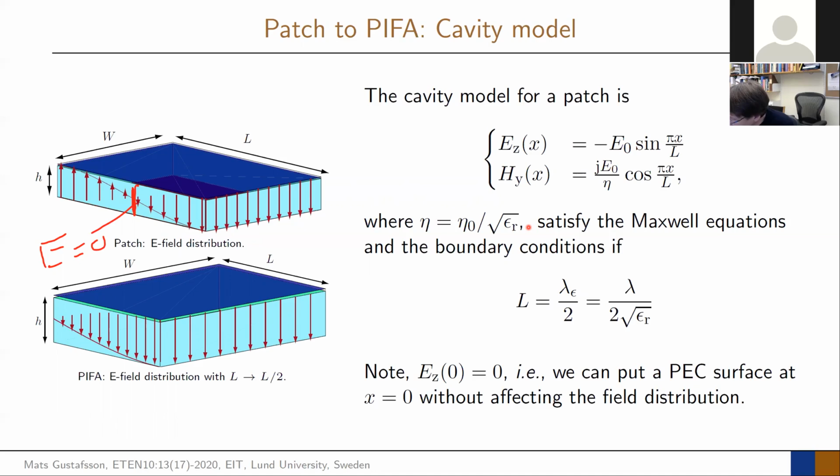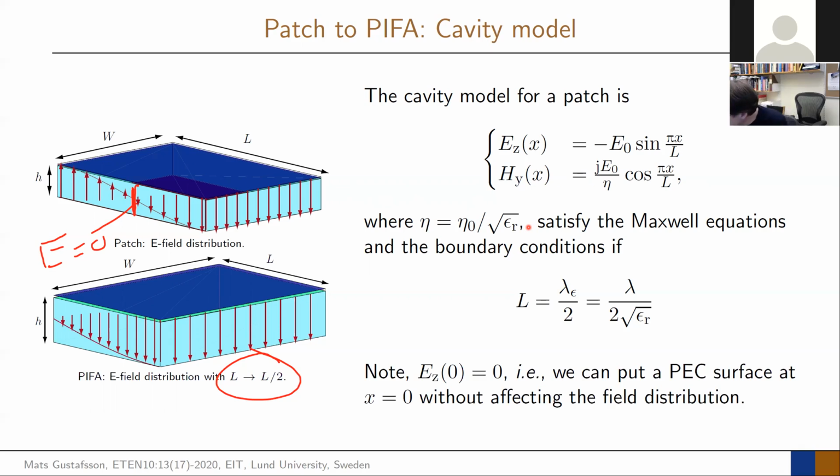And that means that the PIFA's length is half of the patch antenna's length. So the L is different for this PIFA. It's half of the patch. And that means it's a quarter of a wavelength rather than half a wavelength to get the resonance in the PIFA compared to the patch. So for the same frequency, it has then half the size. So that's really where you can put it in.